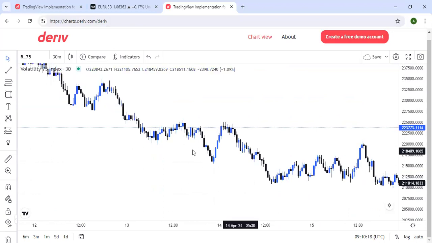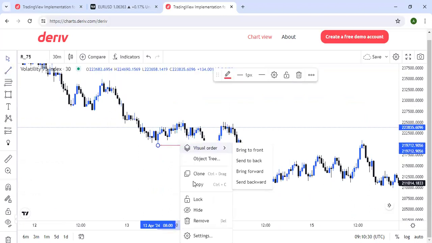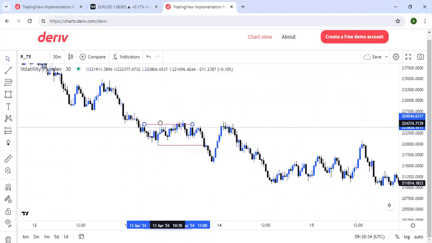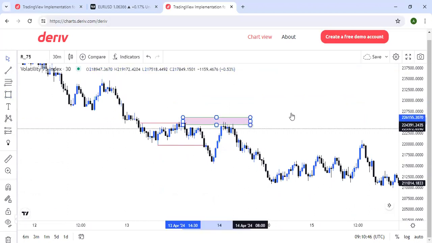So this was the move I was anticipating. This was the low. This low was taken. Then the inducement here was also taken. So I anticipate that price will come to a zone like this. Assuming I have a $5 account, this is the 30 minutes chart.